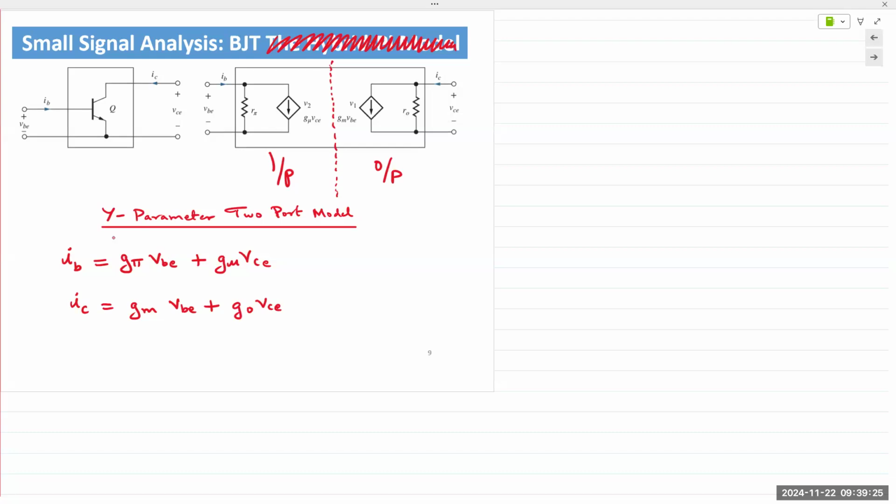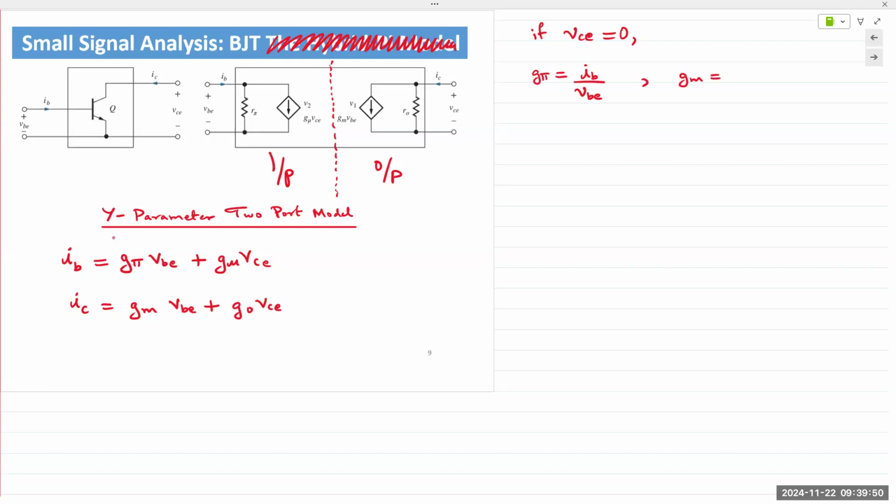So we can describe G pi. If VCE is equal to 0, then we can describe G pi as IB over VBE. And you can see it's only the input current and the input voltage.